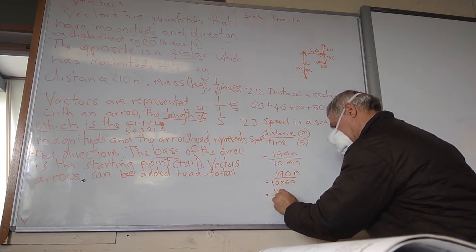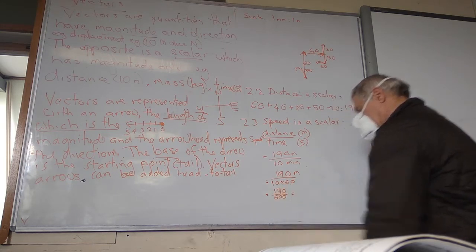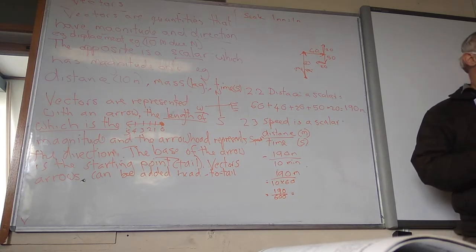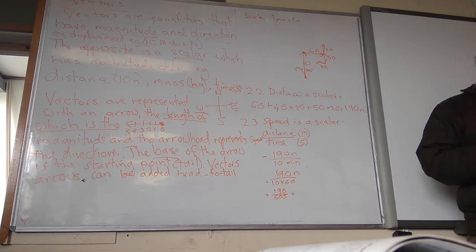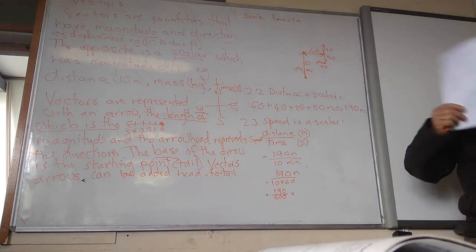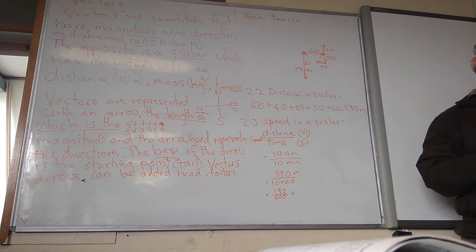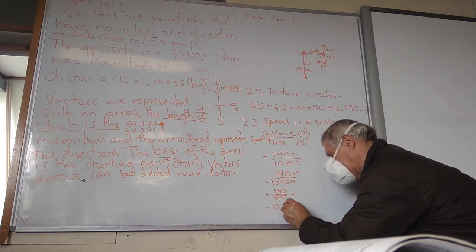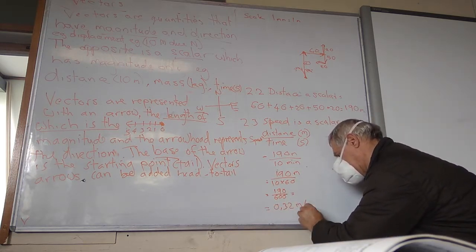190 divided by 600. Anyone got a calculator? What's his speed? I can see it's point something of a meter per second. 0.32 meters per second.